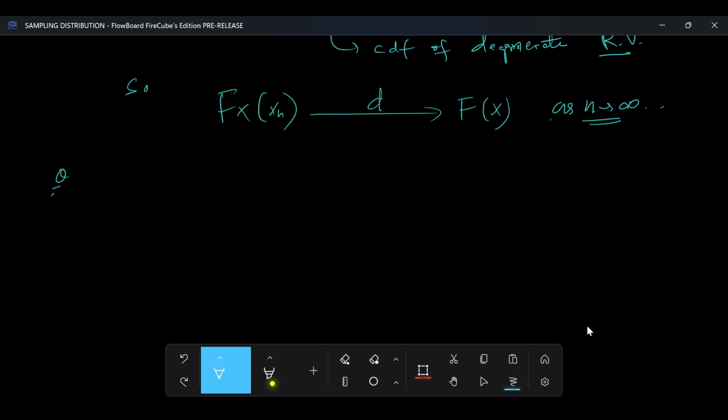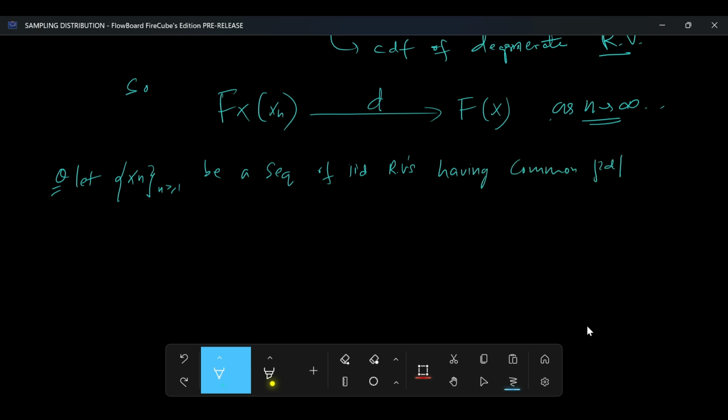that is, let xn, n greater than or equal to 1, be a sequence of IID random variables having common PDF f of x is equal to 2 by x cube, x greater than or equal to 1, or 0 otherwise.